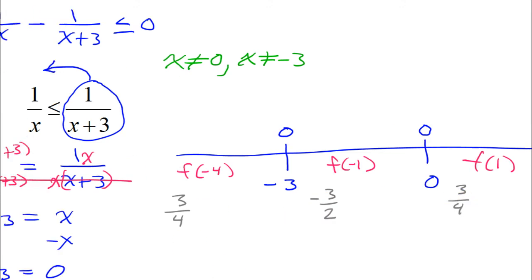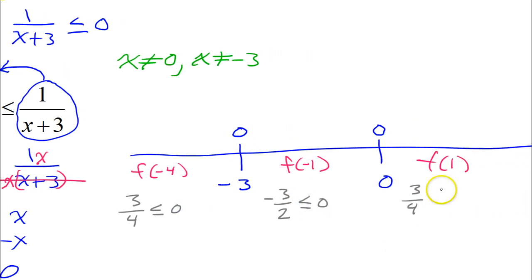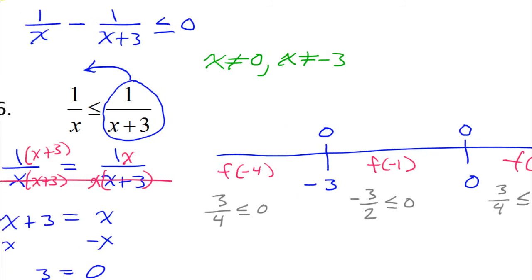And because we rewrote the equation in this form, we're now asking ourselves whether or not the function is less than or equal to 0. Okay, so that's the trick.